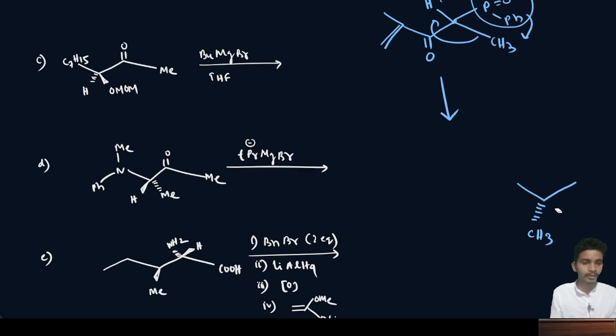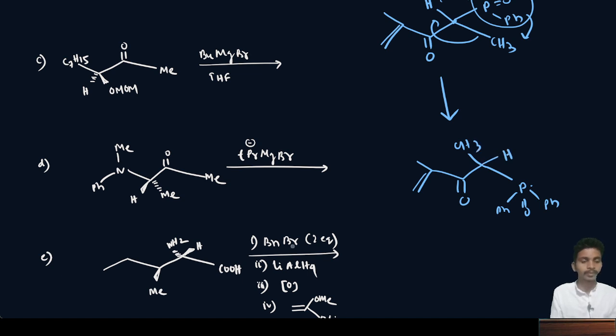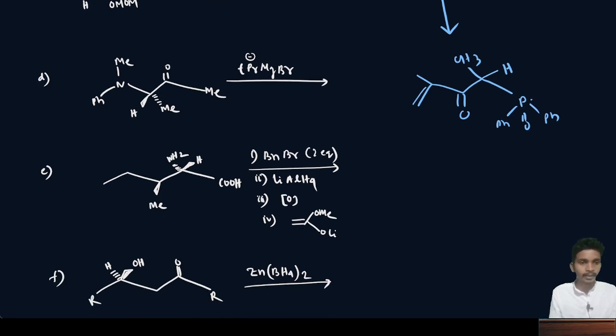Then what you will get: rotate these groups, pH and pH, and here we will have CH3, and here we have the H group. Okay, so now the rotation is completed. Now you see that this is the large group and this is syn to the carbonyl group.